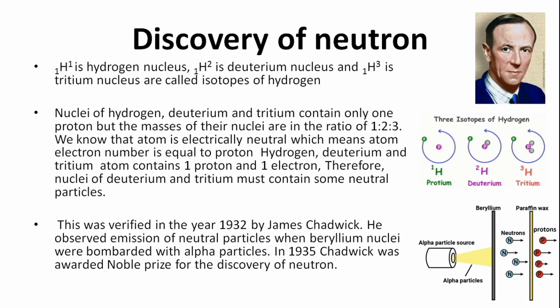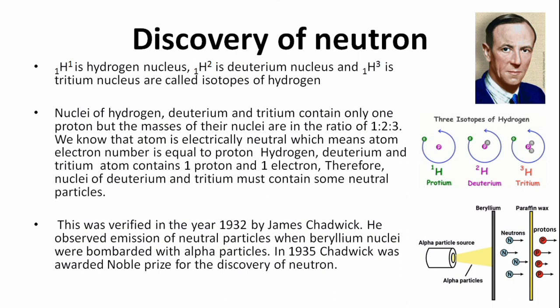It contains one proton and two nucleons. Similarly, 1H3 is tritium. It also contains one proton. So all these isotopes of hydrogen have only one proton and only one electron orbiting around them.